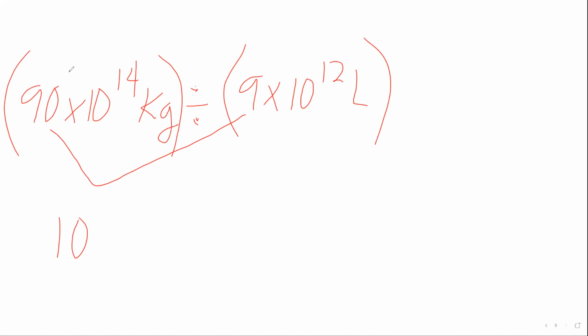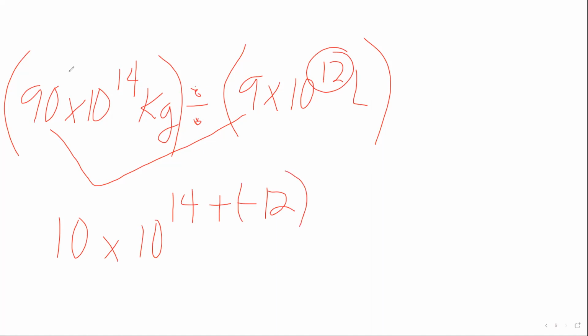Then we have to say 10 to the what, okay? So 14, normally in a multiplication, it would have been 14 plus 12, but we have a division, so we have to bring this up. So it has to be the reciprocal of 12, and the reciprocal of 12 is negative 12.